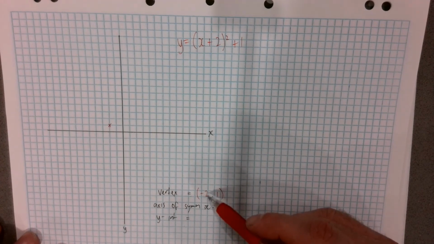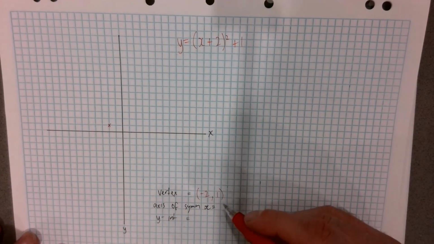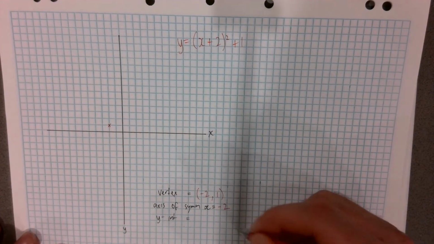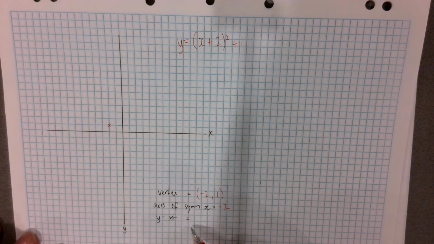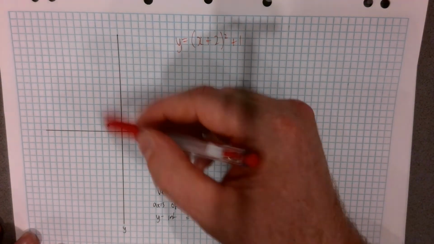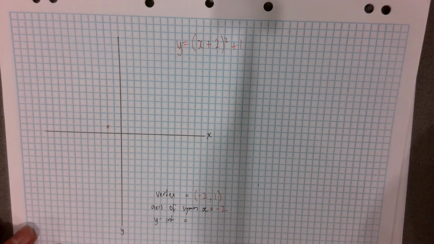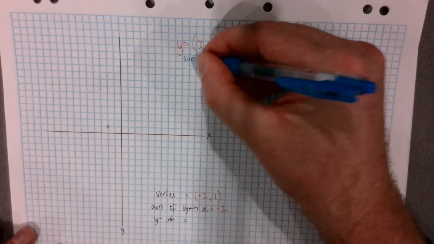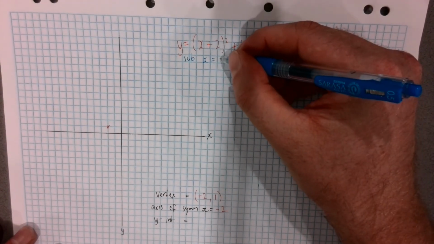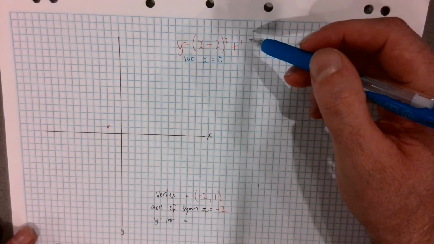Axis of symmetry, I know, is our x value in the coordinates of the vertex, minus 2. My y-intercept, that'll be good to know to help me sketch this parabola. So obviously to do that, we're going to substitute x equals 0 into this equation.